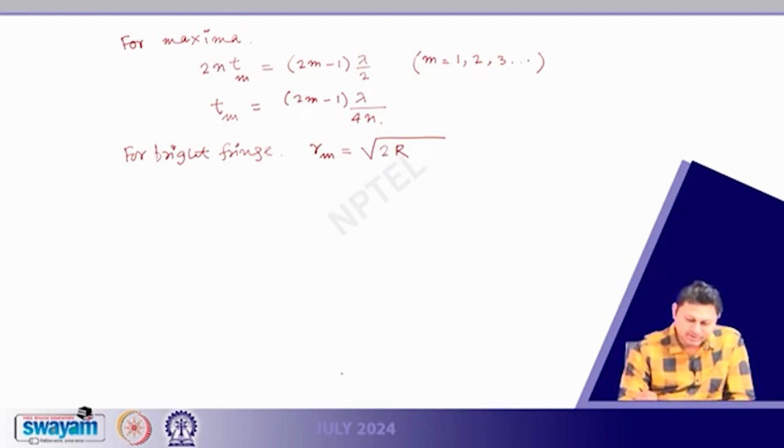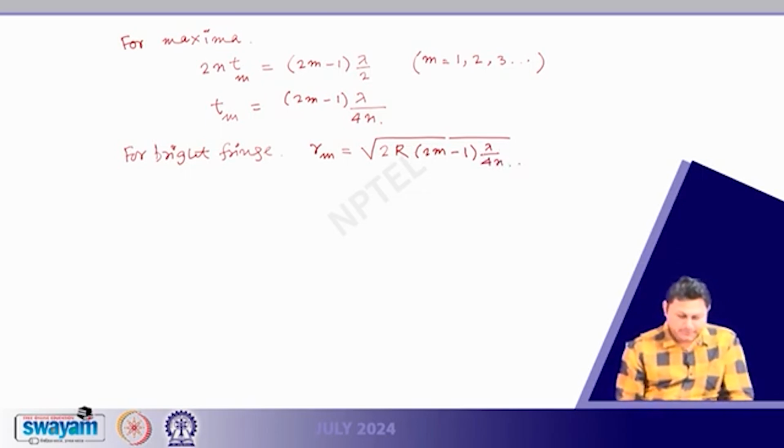Now Tm is this quantity, so for a bright fringe the radius is this value.